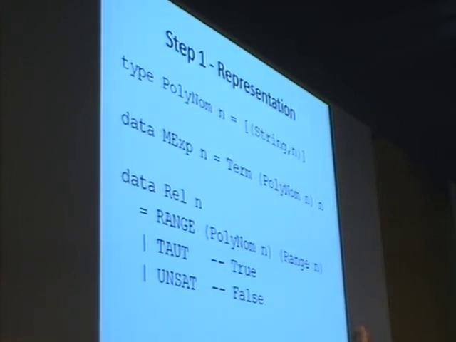And a relation, which essentially stands for a Boolean value, is a polynomial and a range. That says this polynomial, 3x plus 4, is bounded above and below. That's what the range is. And there are 2 relations, taught and unsat, that represent true and false.